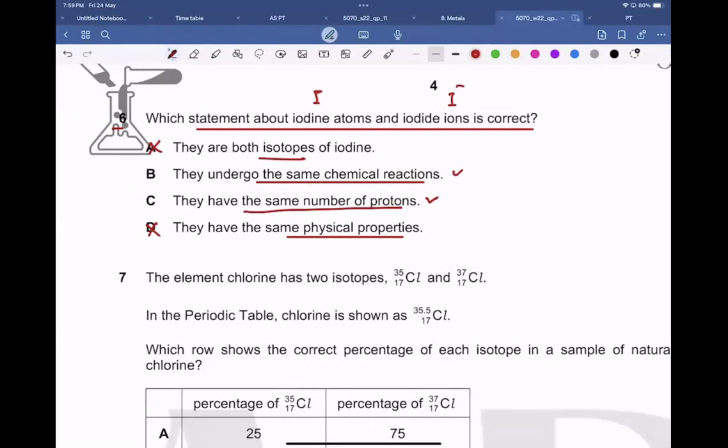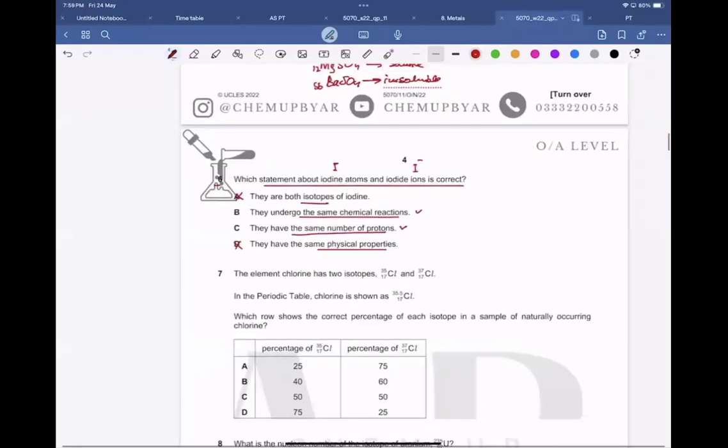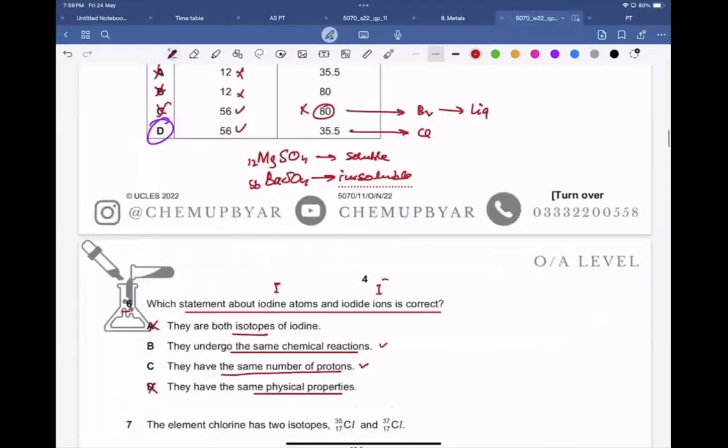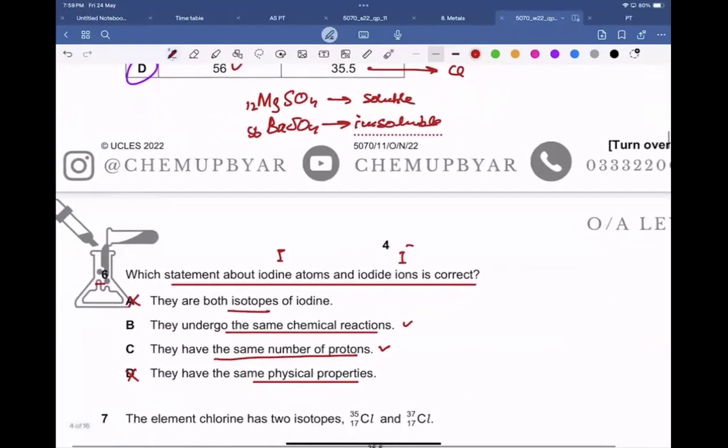Now we are stuck between B and C. Both seem to be fine. No, but the thing is that when iodine reacts, when it's an iodine atom, I think B is wrong.